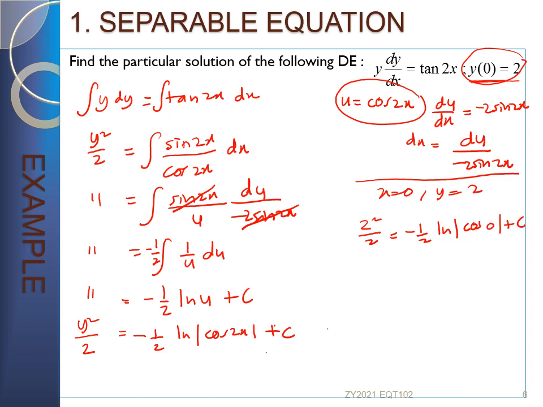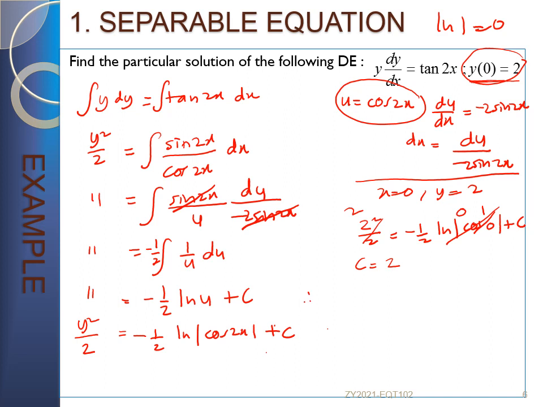So cos 0 is 1, and ln 1 is 0. So it's 0 here. So this one is 4 over 2, so c equals 2, because this one is 0 multiplied by −1/2. So you get c equals 2.